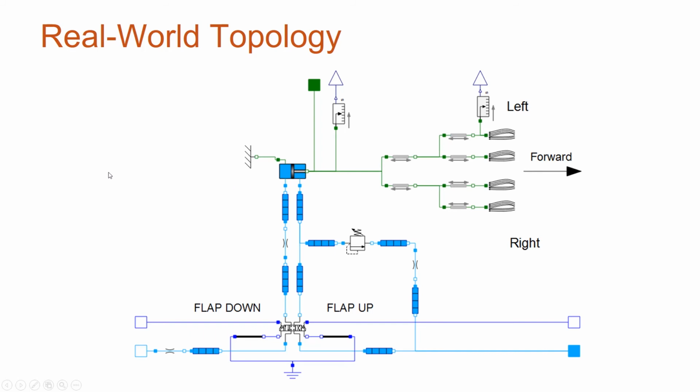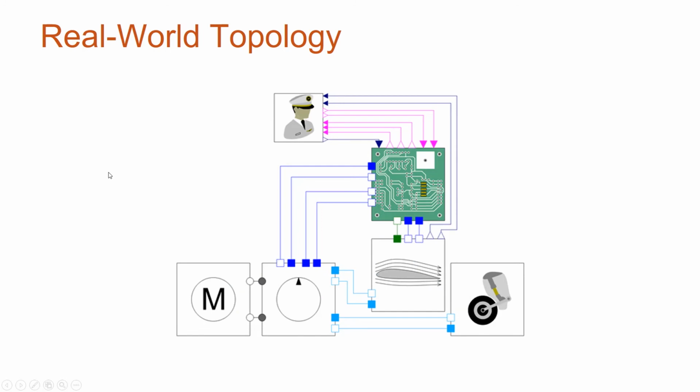And on top level, all these systems interact with each other, of course. So this capability of having something look and being organized as a real-life system is crucial if you want to be able to develop something large and communicate that with others.